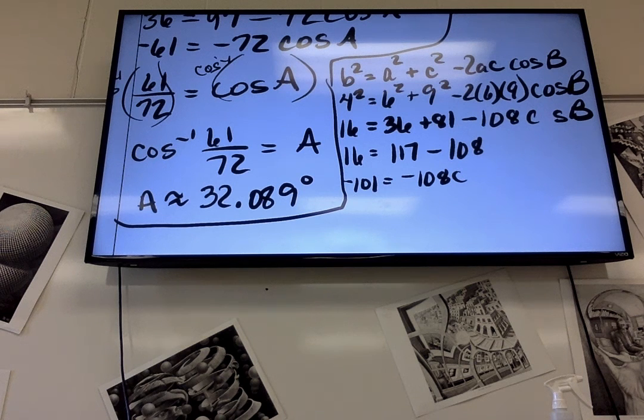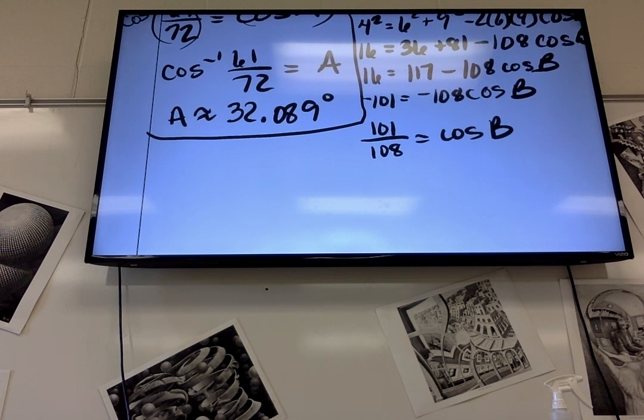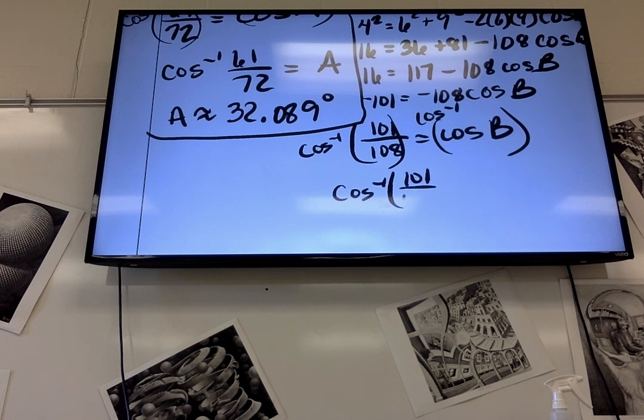Subtract 117. How did I get that from what we did before? Divide 101 divided by 108. Negative over a negative is a positive. Inverse cosine. I got 20.742.